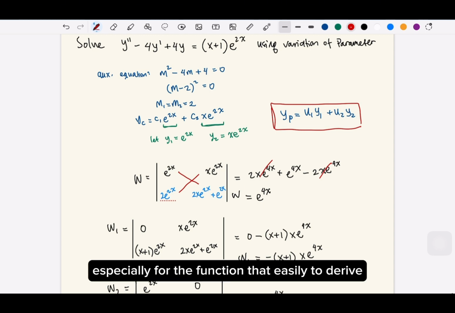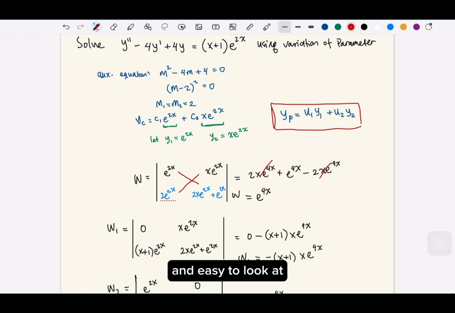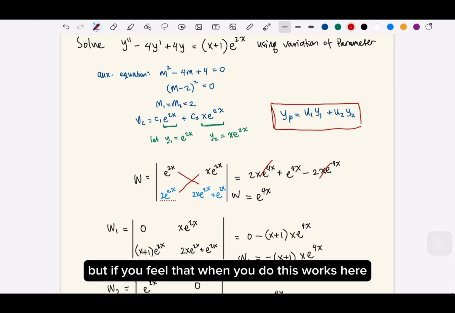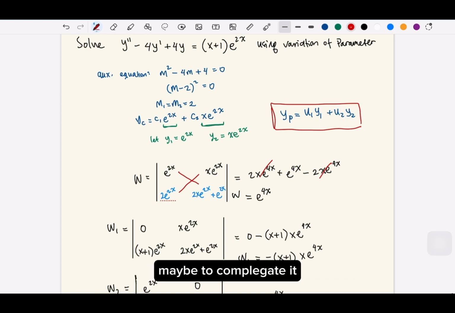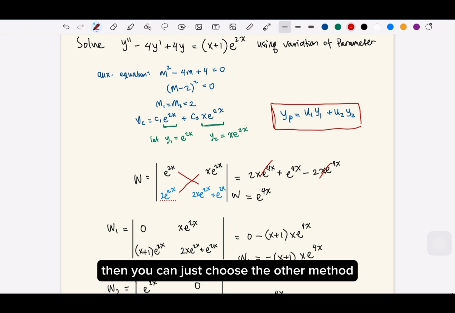And especially for functions that are easy to derive and easy to look at, we can easily get what will be in the result here. If you feel like you have a choice, like for example, undetermined coefficients, you can work with that. But if you feel that the Wronskian is too complicated, then you can just choose the other method.